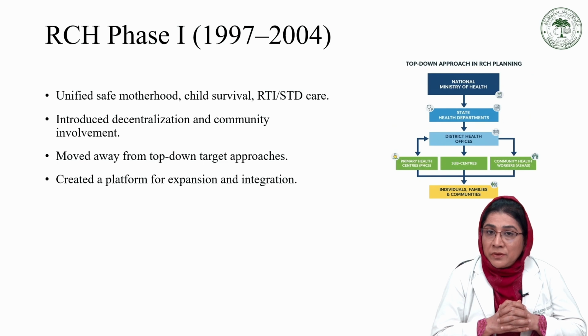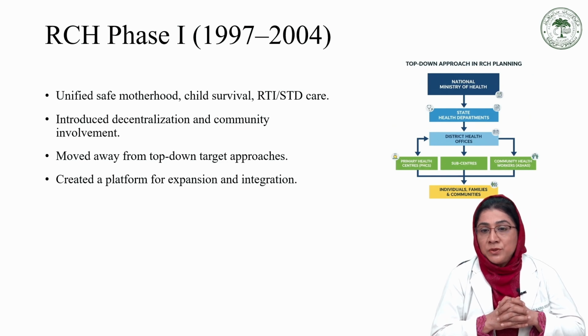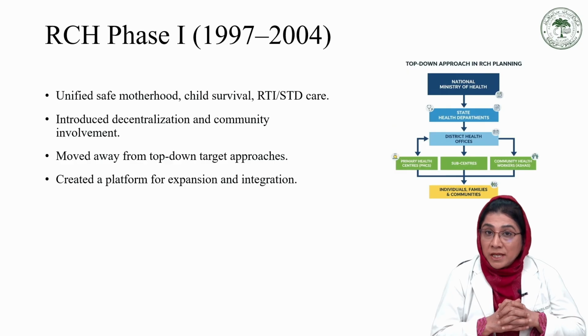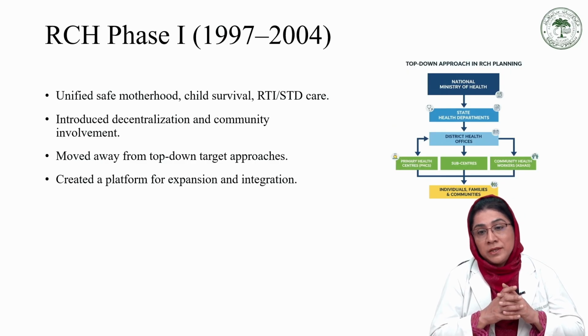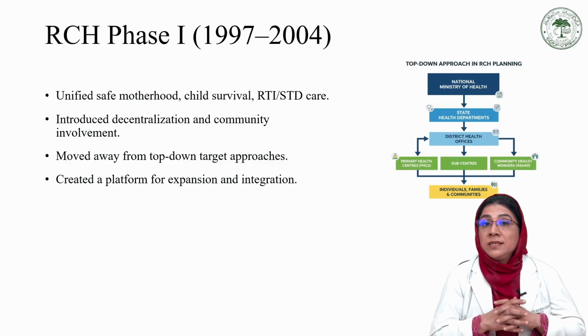A participatory planning approach was built through village health, sanitation, and nutrition committees, Panchayati Raj institutions, women's collectives, and accredited social health activists, using participatory rural appraisal tools to map barriers and co-prioritize actions.